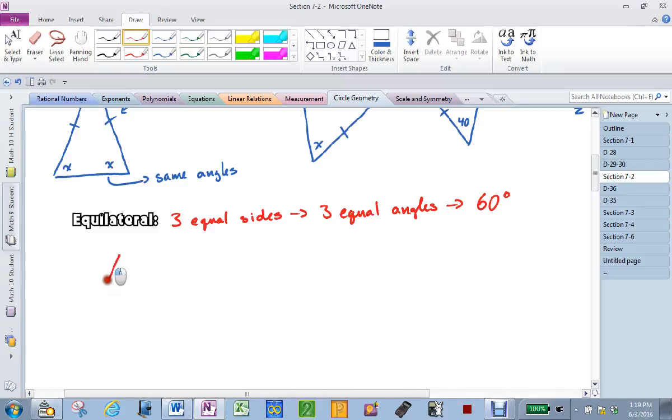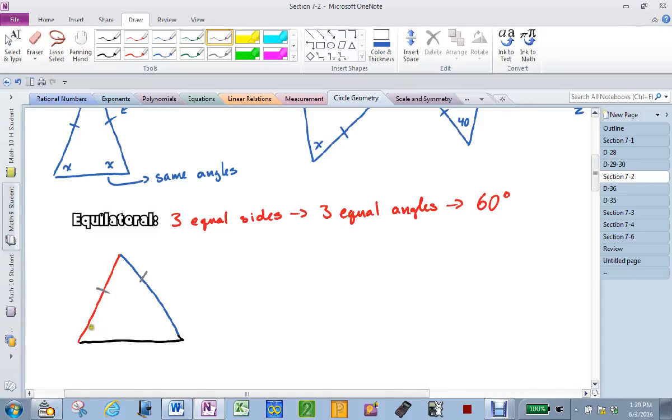Here is why it works. I'm going to draw three different colors. If I tell you that those two are the same, then which angles are the same right now?